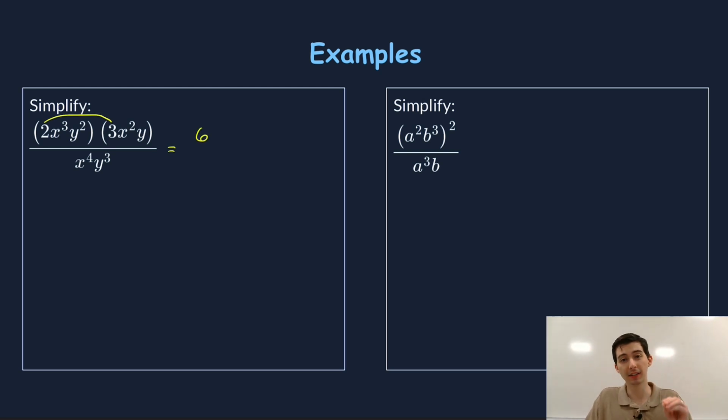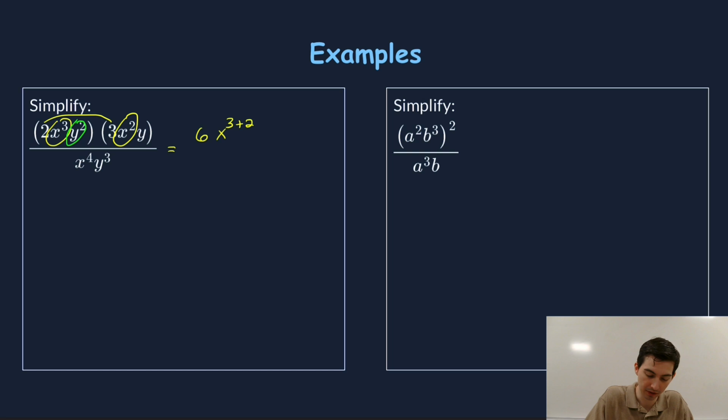Now let's worry about these x's and y's. So I've got this x cubed and this x squared. Remember, our rule is that when we are multiplying the same base, we can add the exponents. So I'm going to have x to the 3 plus 2 because I have this x cubed and this x squared. Now I'll do my y in green.